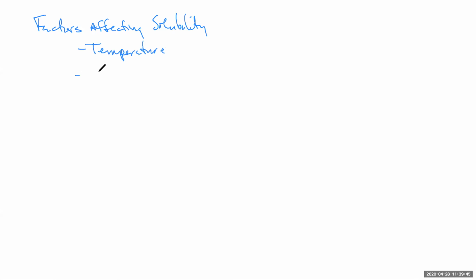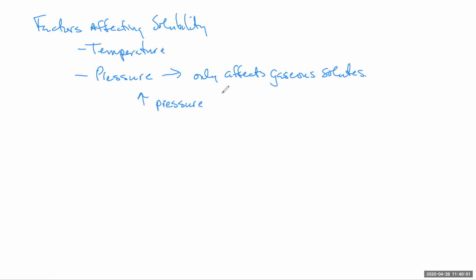The second factor is pressure, but this really only affects gaseous solutes. And what's true is if you increase the pressure, you will increase solubility. This is what they use to make carbonated drinks.